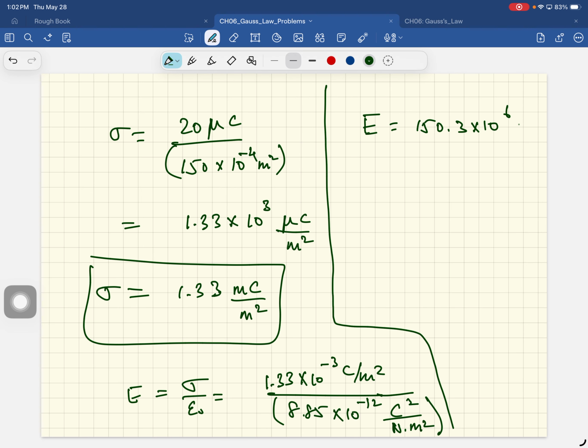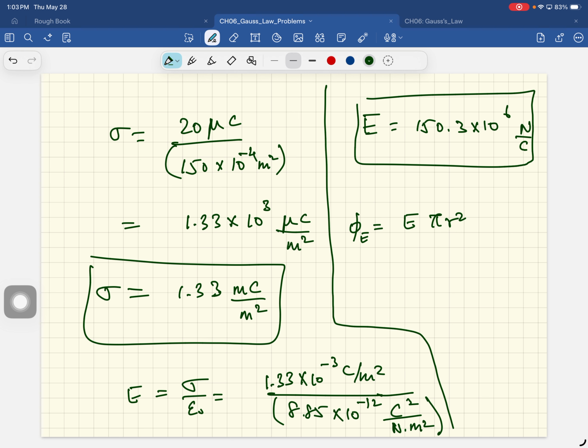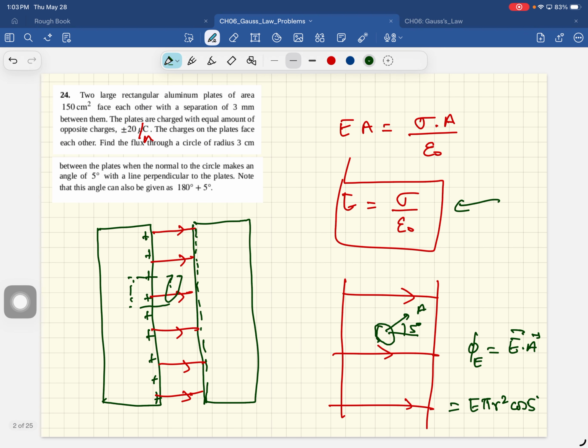Epsilon naught has Newton meter squared, so the Newton cancels and the meters cancel, and you're left with coulombs. So, times 10 to the minus 9 coulombs, 8.85 times that.